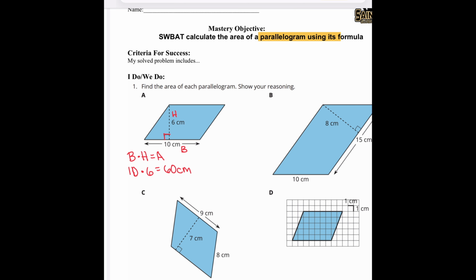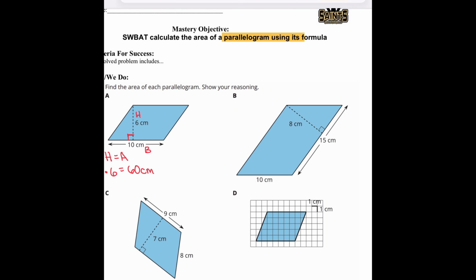Yay! Okay, this one's a little stickier because we might be tempted to say that this is the base. Remember, the first thing that we have to do is identify our base and our height. Is this our base? No, because we don't know what the height with this base would be. That's not labeled for us anywhere. But look, if we put this as our base right here, then we have this very lovely perpendicular line that's already labeled at 18 centimeters.